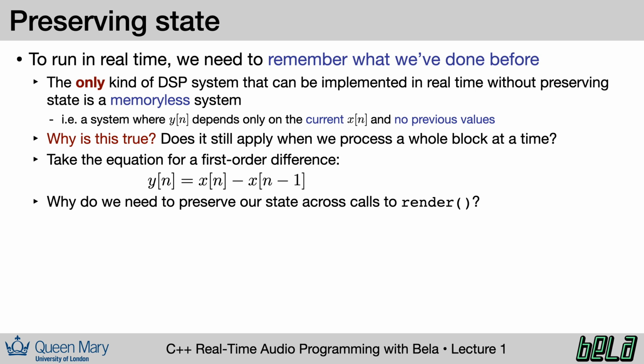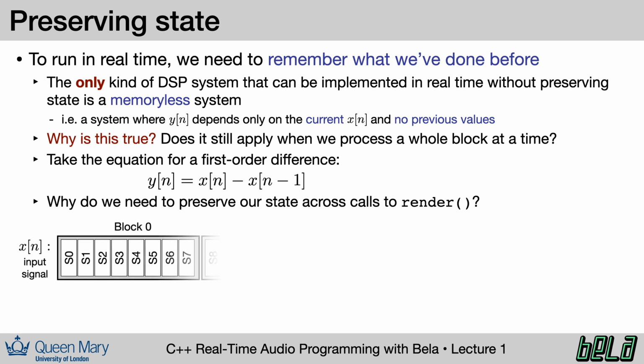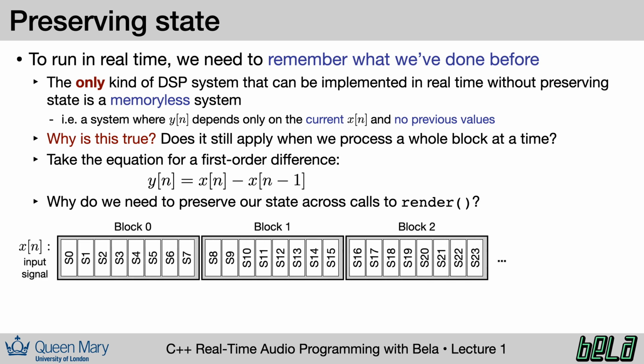And you might reasonably ask, why do we need to preserve state across calls to render when we have potentially multiple samples in a block and we can oftentimes see the current and the previous samples within the same block? So, for example, if we wanted to calculate y[3], that's x[3] minus x[2], and we don't need to save any state in global variables to do this because all of that is available within one block. So what's the counterexample?